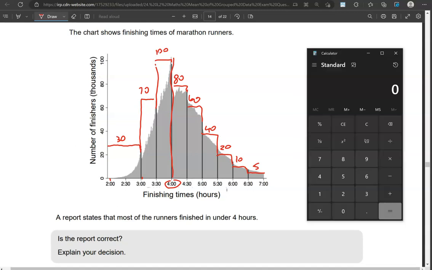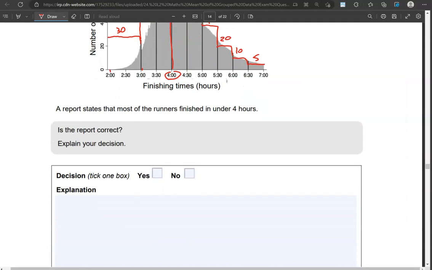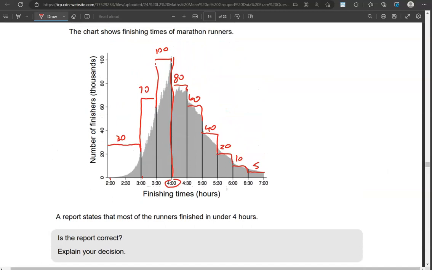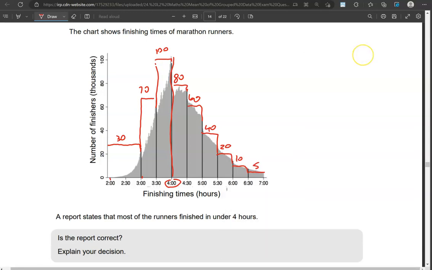So for under 4 hours, we have 30 and 70 and 100. So that is 200,000. For over 4 hours, we have 80, 60, 40, 20, 10, 5, which is 215.